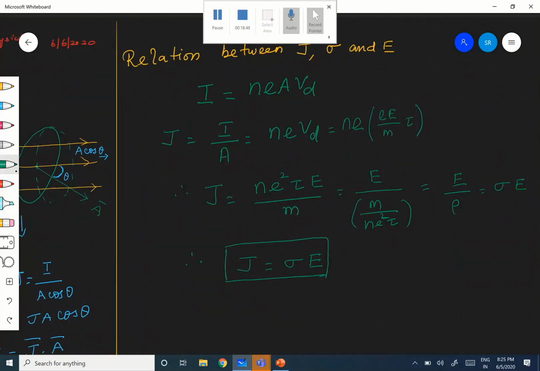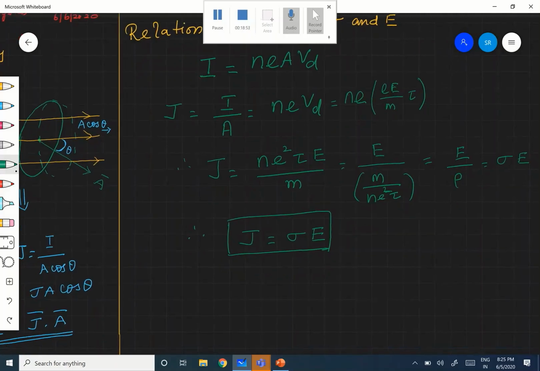See, as I told you, this expression is very, very important. Why? We will see now. Here, J is I by A, which is equal to sigma into E. In terms of potential difference, E is V by L, where L is the length of the conductor.